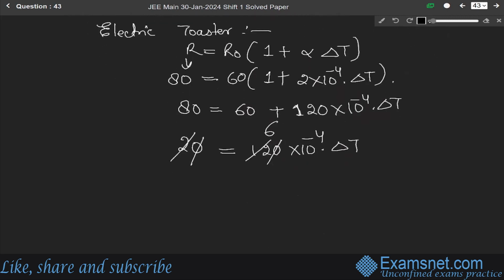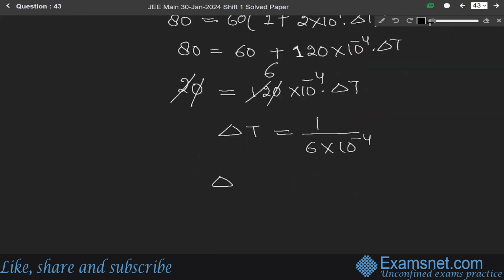So delta T will be equal to 1 over 6 into 10 to the power minus 4, means delta T will be equal to 1 over 6 into 10 to the power plus 4, and converting it into degree Celsius, we get temperature equal to 1694 degrees Celsius.